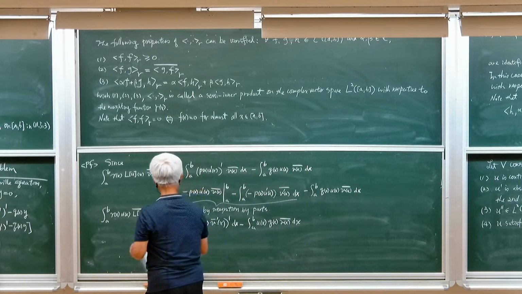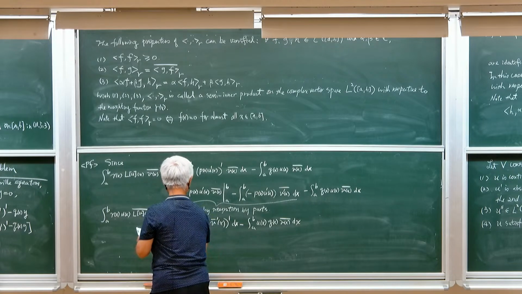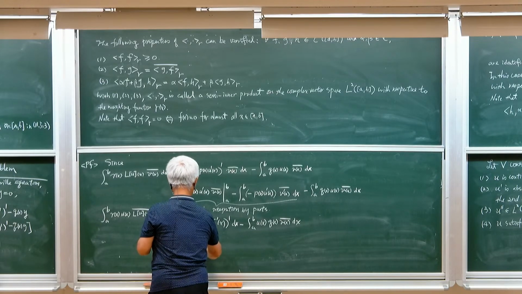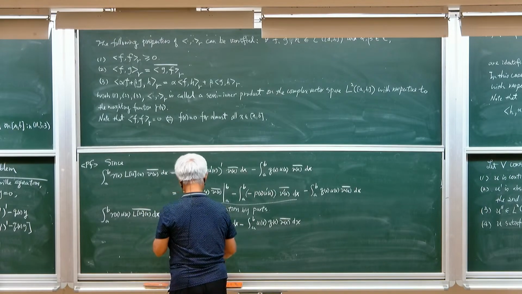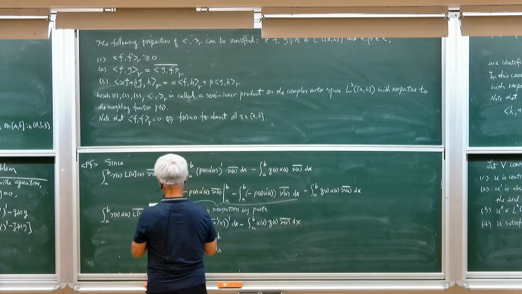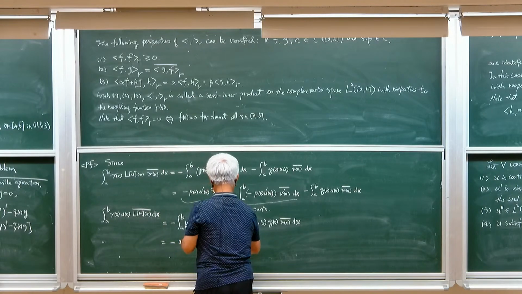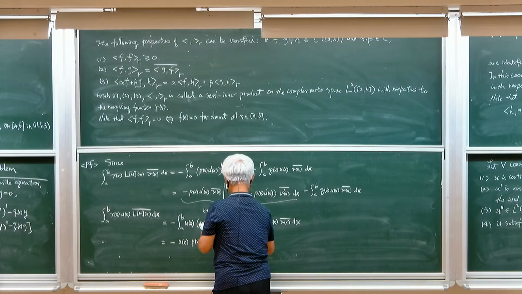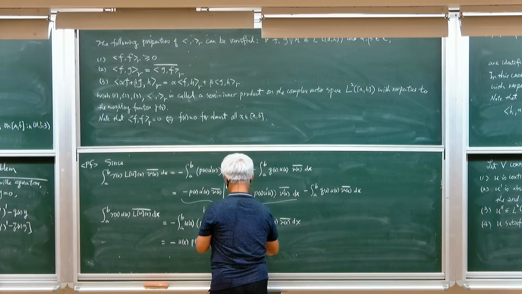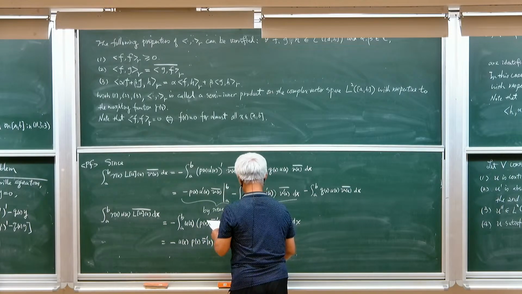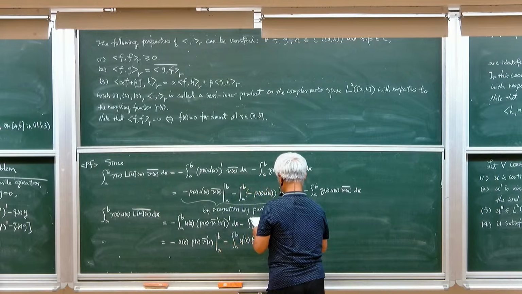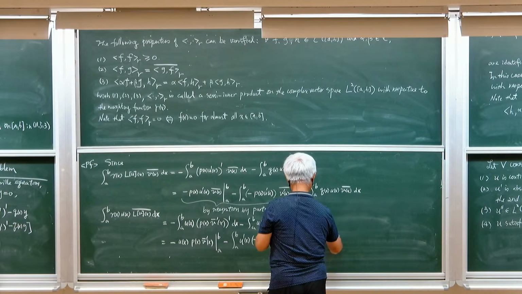And again, by integration by parts, we have the minus u(x) and p(x) here, and minus ∫ₐᵇ u prime of x p(x) v̄ prime of x dx minus ∫ₐᵇ q(x) u(x) v̄(x) dx.